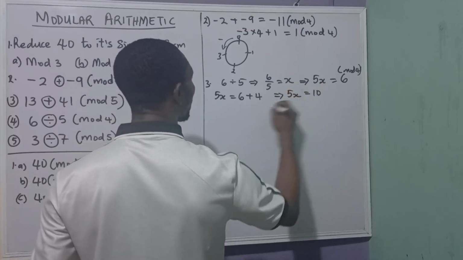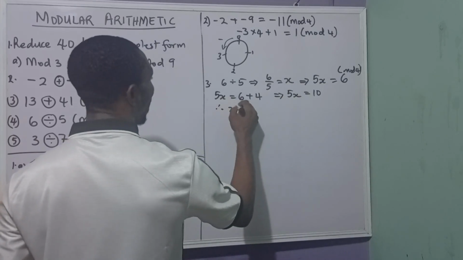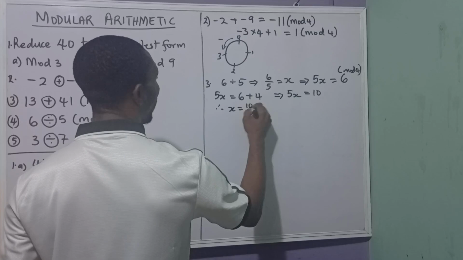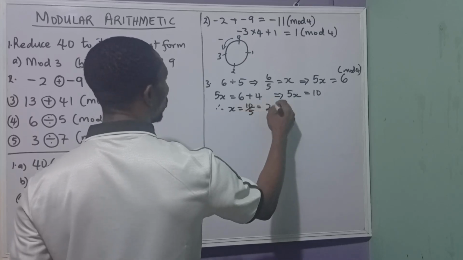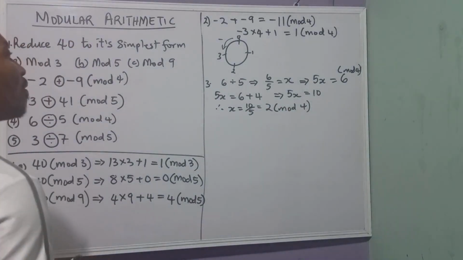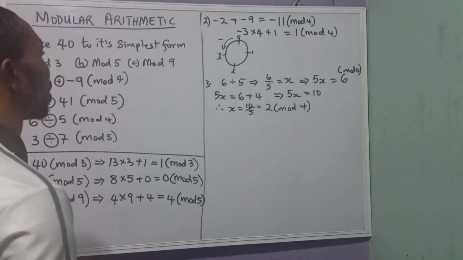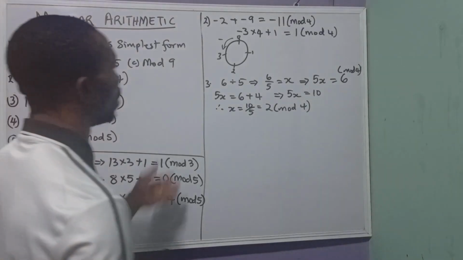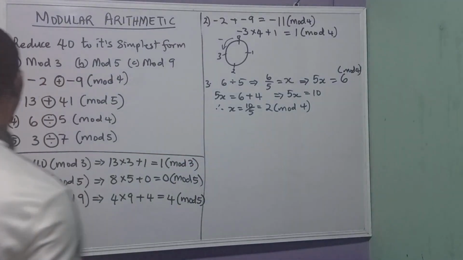So therefore, x equals 10 over 5, which is 2 mod 4. So our 6 divided by 5 will give us, in mod 4, 2 mod 4.